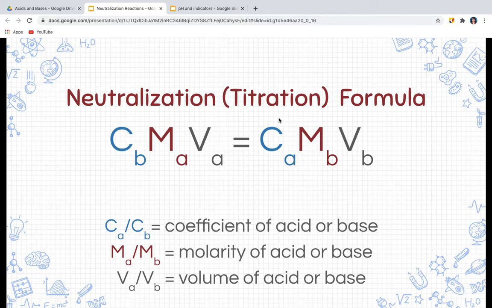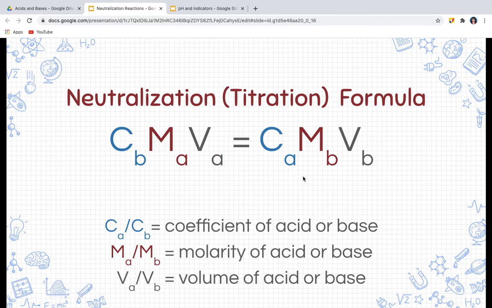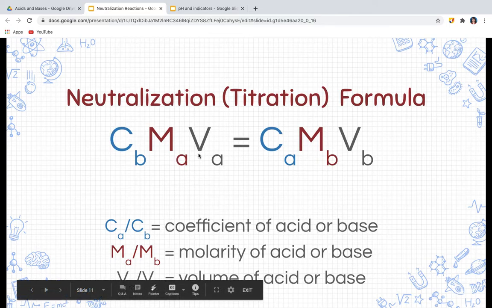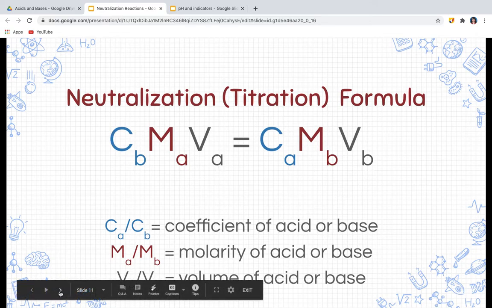And then the coefficient for the acid in the neutralization equation is going to be multiplied by the molarity of the base and the volume of the base. Now for volume, you can use milliliters or liters. It just has to match up, so you have to use the same unit for volume of acid and volume of base.